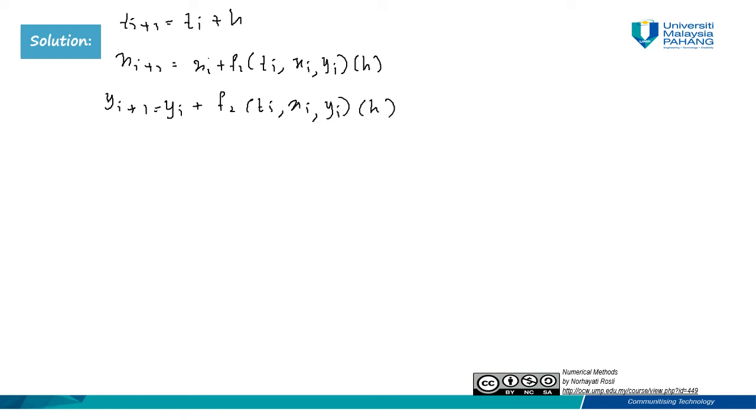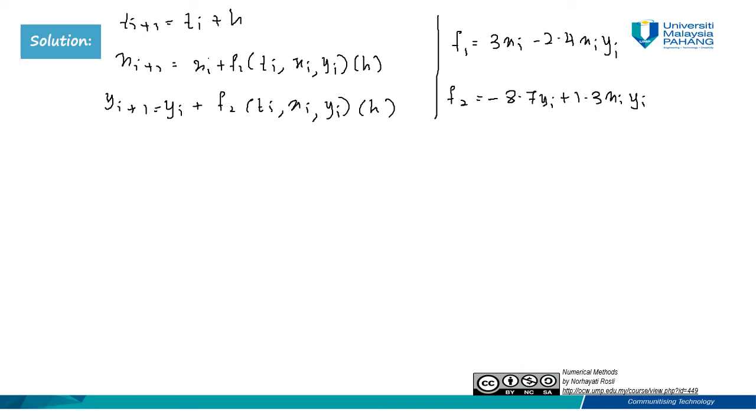Our f1 is equal to 3xi minus 2.4xiyi, while our f2 is equal to minus 8.7yi plus 1.3xiyi.